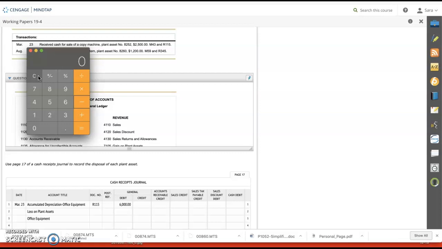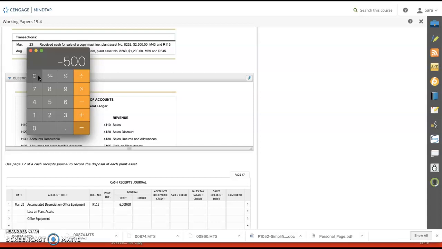Oh no. Okay, sorry. So first we have to just get our book value. So our cost was $9,000 minus the accumulated depreciation of $6,000. Okay, so $3,000. So we're going to take what we got for it, so $2,500 minus $3,000.